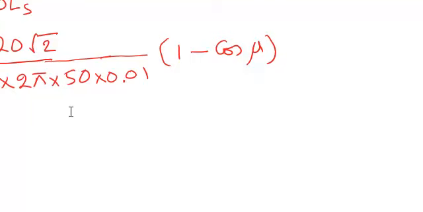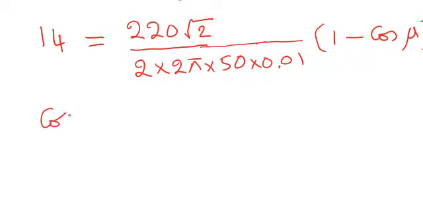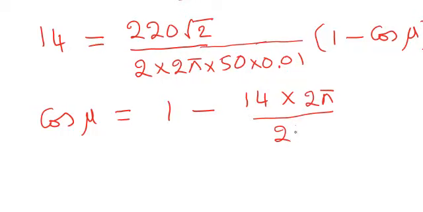Now if you take cos mu out, it will be 1 minus this, that means 14 into 2 into 50 is nothing but 100. 100 multiplied with 0.01, that means it is just becoming 2 pi only, divided by 220 into root 2.